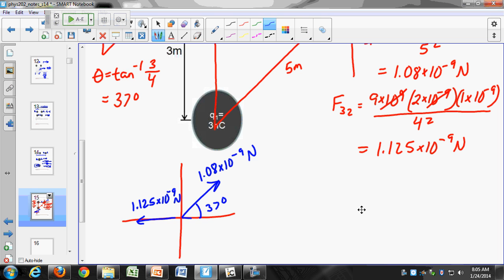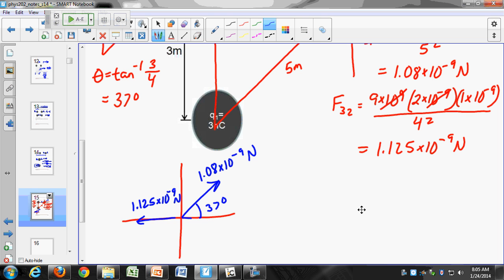I want to add up those two vectors. How do I add them? That's right. You want to take the cosine of 37, find the x and y components of that vector. So anytime I have vectors that are not on axis, like this one, I want to find the x and y components.